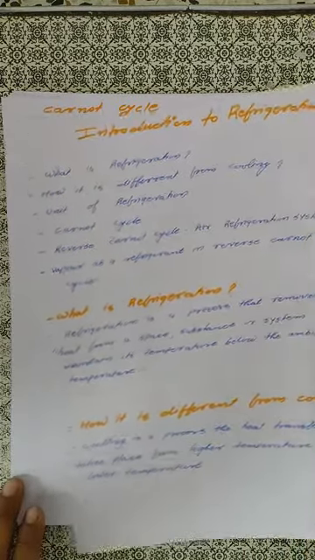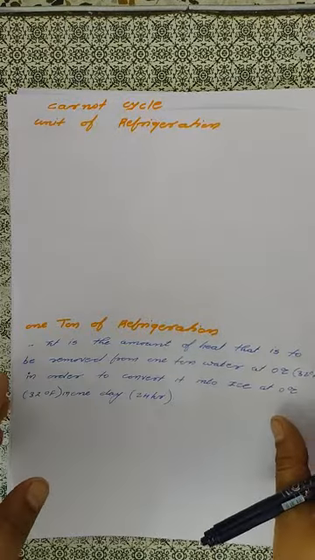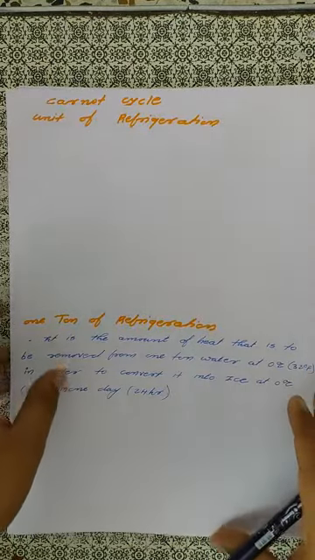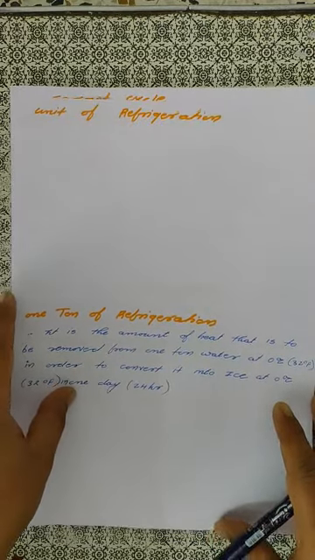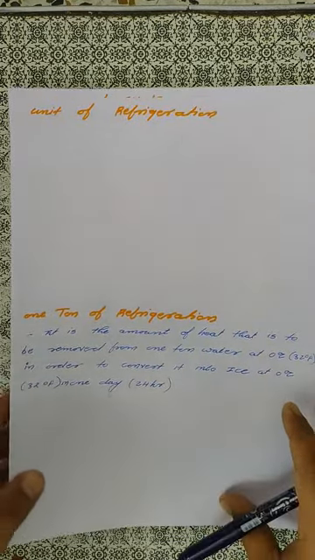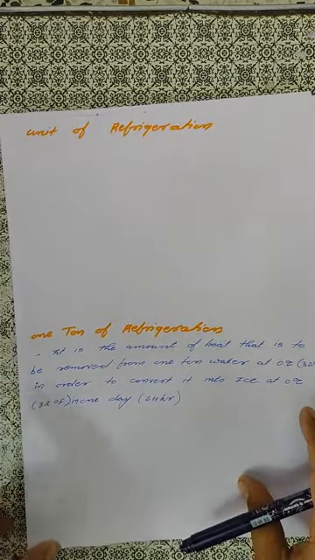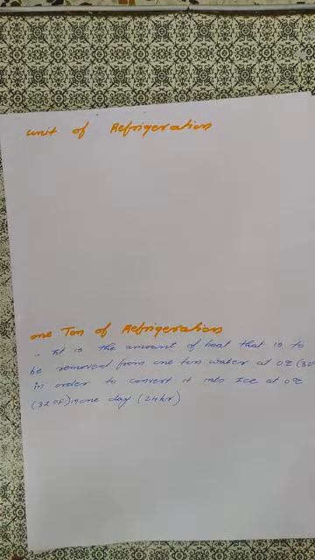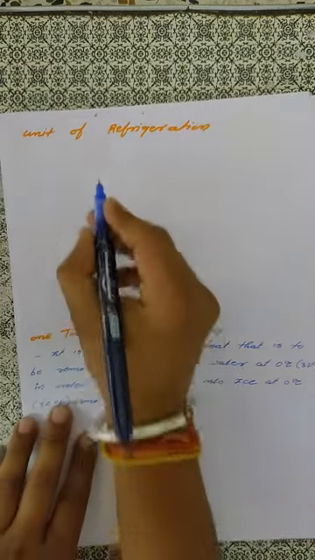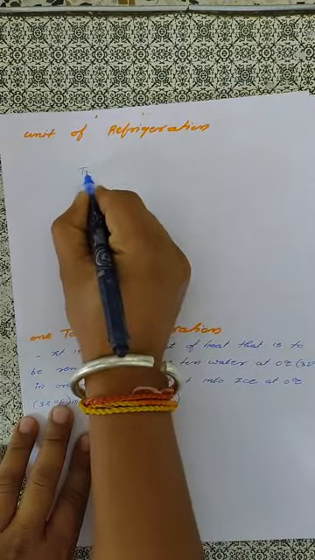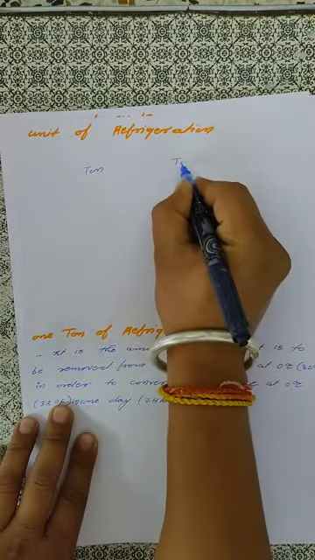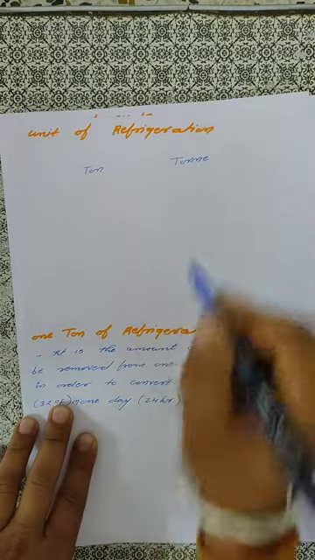Now the next point is how you define the unit of refrigeration. Basically, the unit of refrigeration is given as a ton, but there are two types of ton. One is the TON and another is the TONNE.